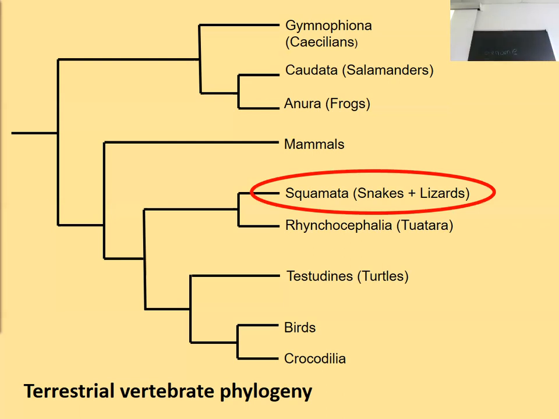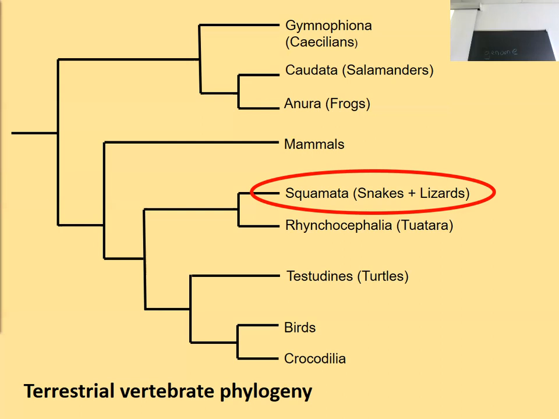And this clade, actually, this is a vocabulary word that I wanted to put in the lecture and I didn't, so I'm going to write it up here. This is called Lepidosauria. That is the name of the group that includes squamates plus Tuatara.